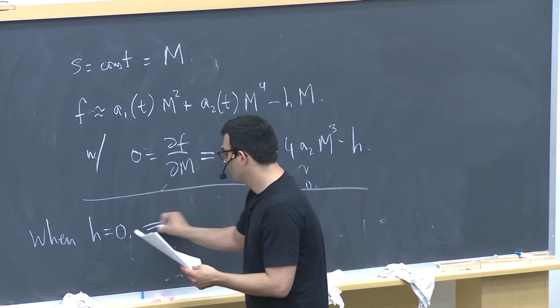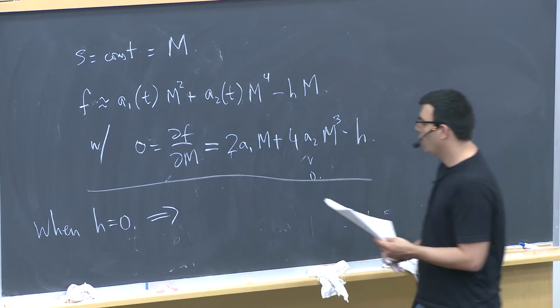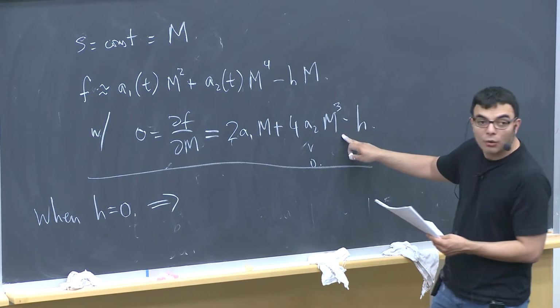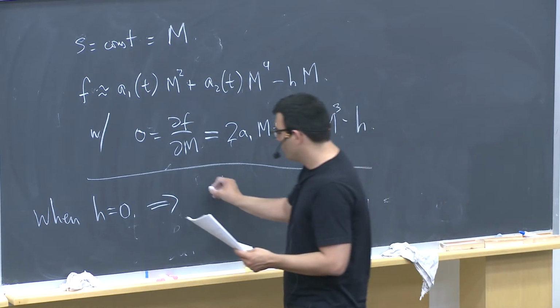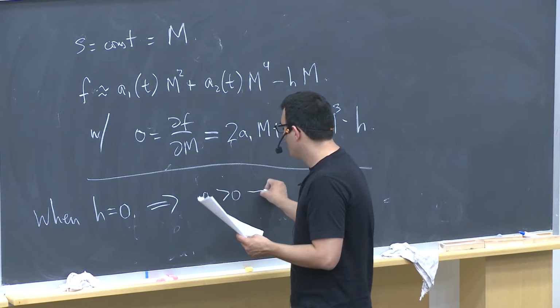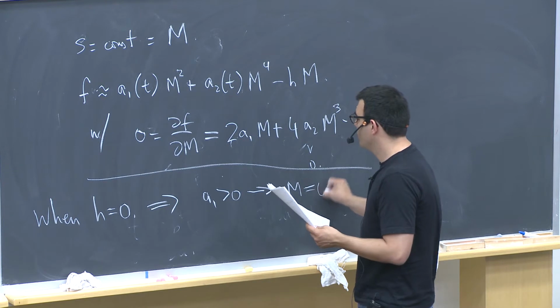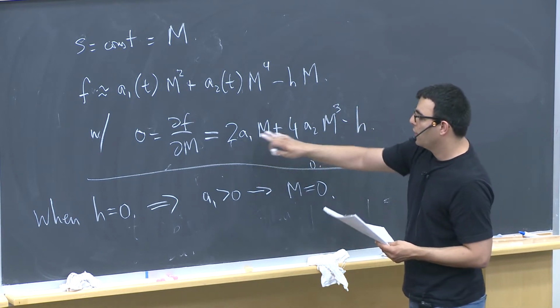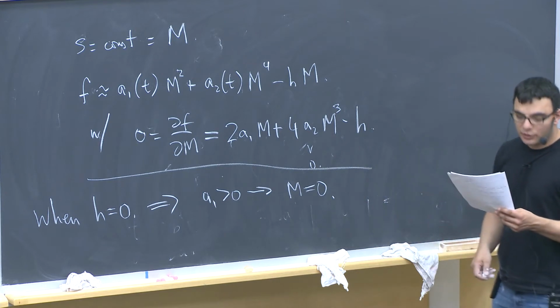So you can just look at it and see that when H equals 0, we want this thing to be 0. So if A1 is bigger than 0, that implies that M equals 0. That's the only real solution. If this is positive and this is positive, and we want it to be 0, the only possibility is when M is 0.